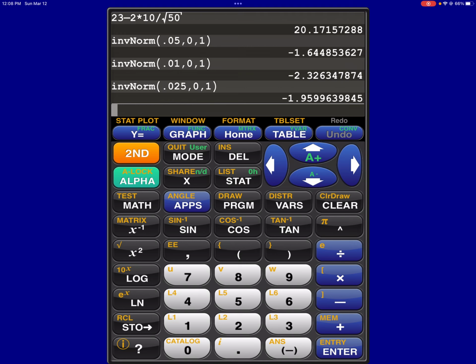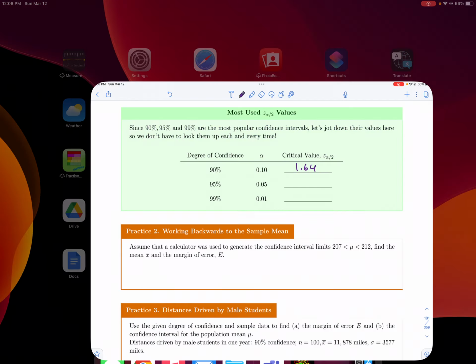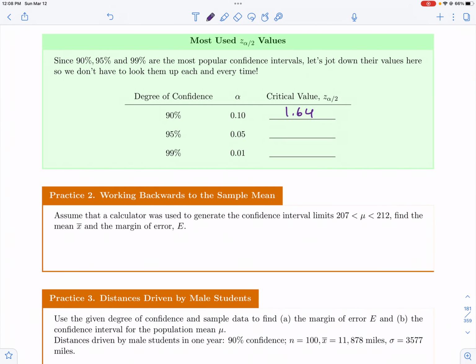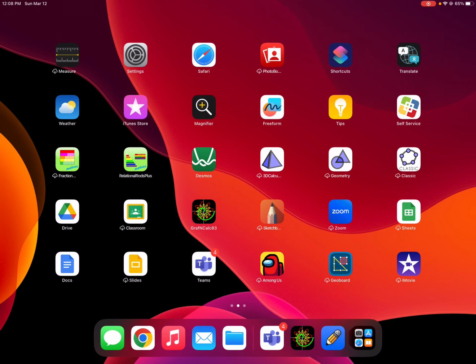So notice we end up with negative 1.96. So it does round to 2, but since we want to round this to 2 decimal places and make it as accurate as possible, we're going to leave it as 1.96 instead of 2. And then if we do our 99%, half of 0.01 would be 0.005.